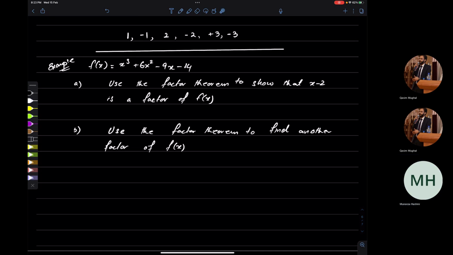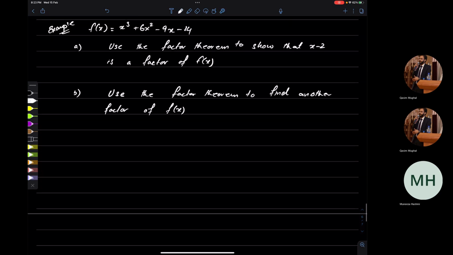All right. So first of all, we need to use the factor theorem to show that this is a factor. If this is a factor, then f of 2 should give you 0. So let's just verify it. Let's just do part A first.